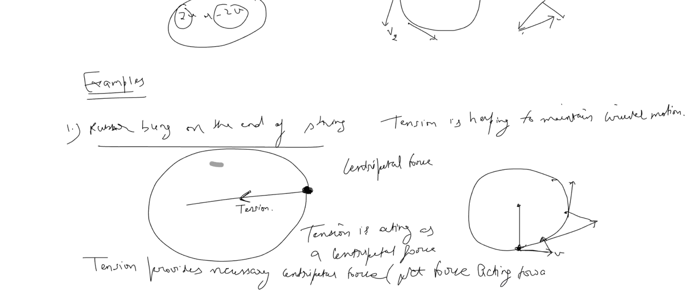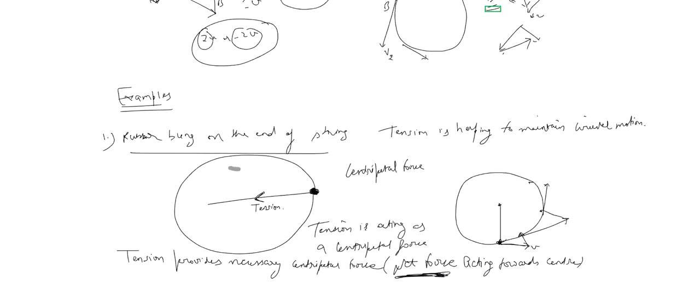This is the most important point that I have written, net force, because sometimes when we solve questions we have to consider this fact and write the net force acting towards the center. So the net force acting toward the center is the centripetal force.